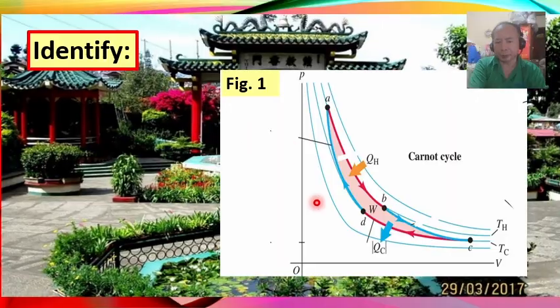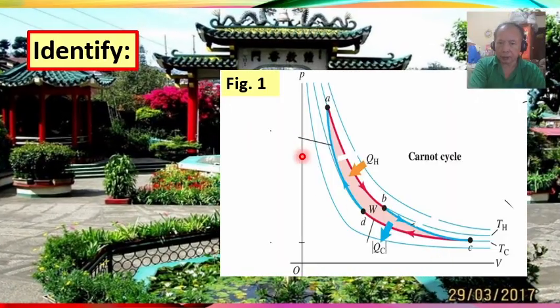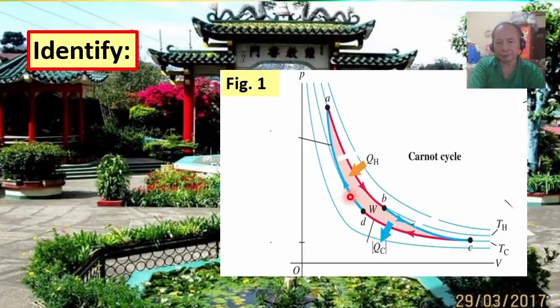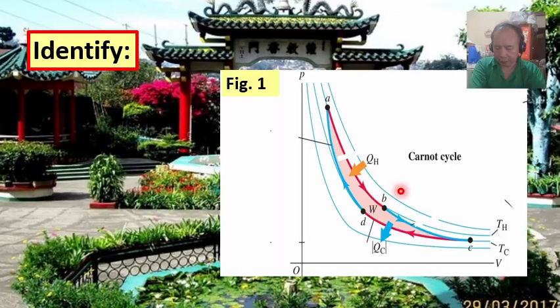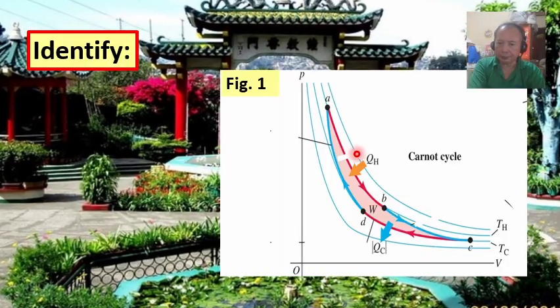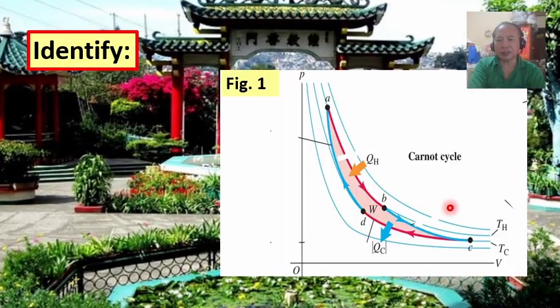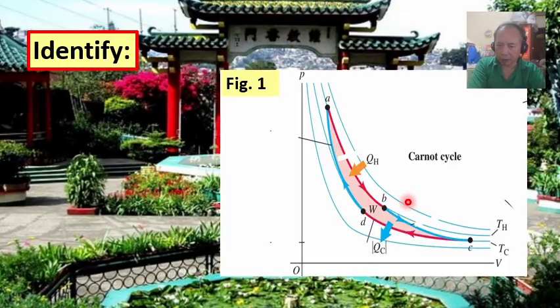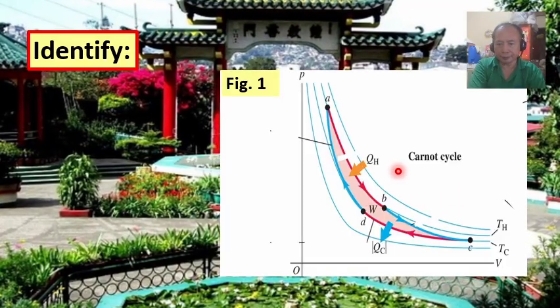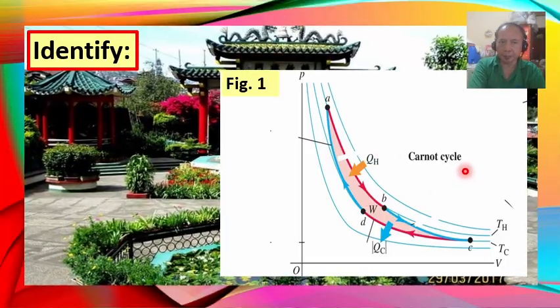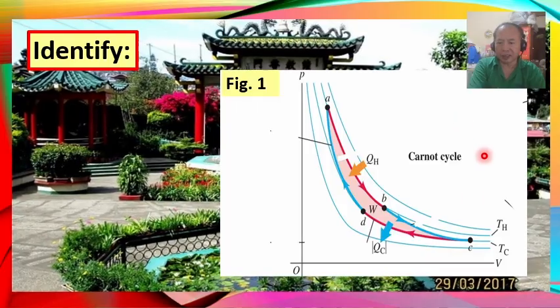Given in figure 1 is a pressure volume graph that illustrates a Carnot cycle for a typical Carnot heat engine.